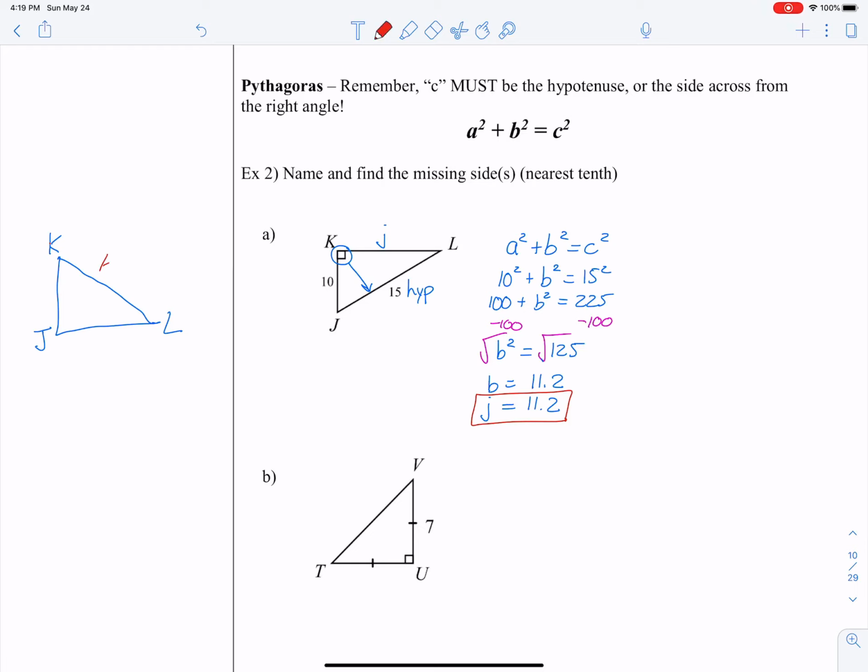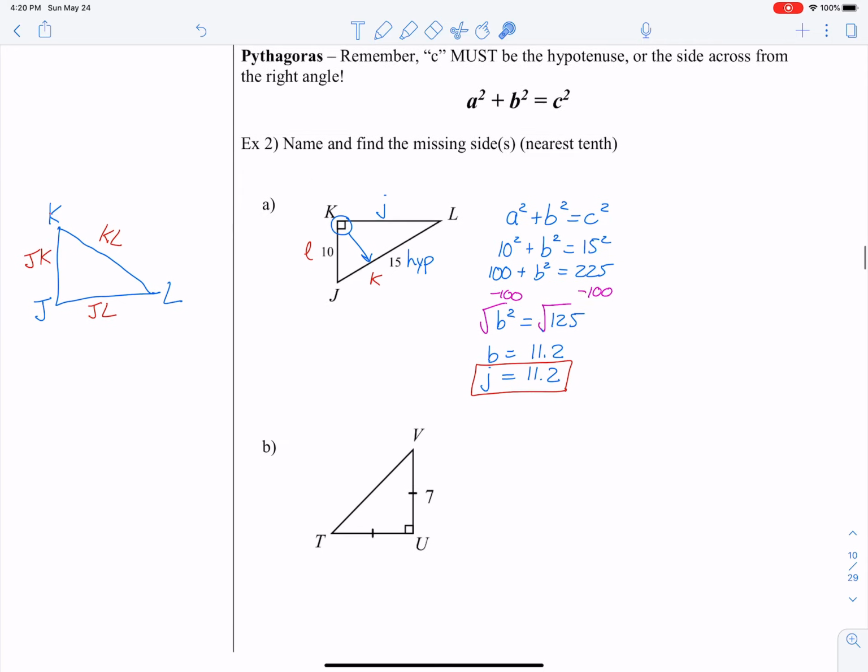So this one would be KL, this one would be JL, and this one would be JK, okay? So that's the other way of doing naming. So you can either use the lowercase letters, let's put the rest of them on here. This one's L, and this one is little k. So use the lowercase letters or use the 2 endpoints capital letters.